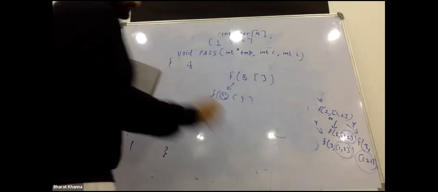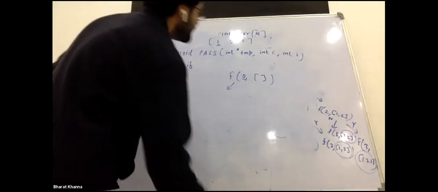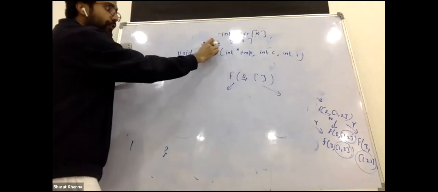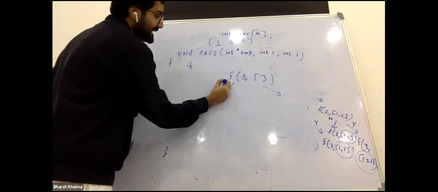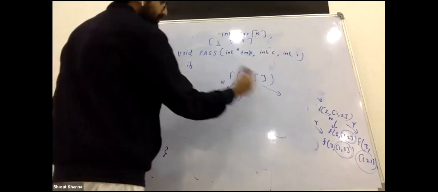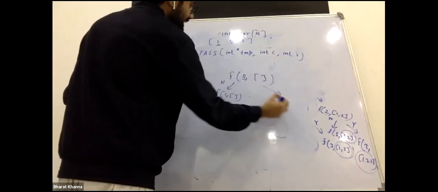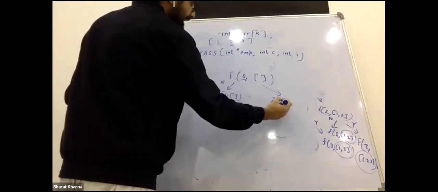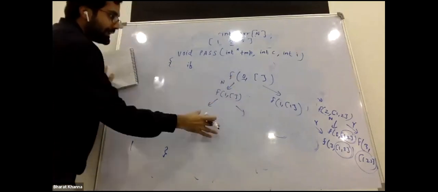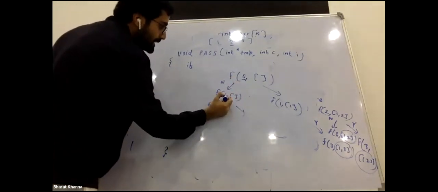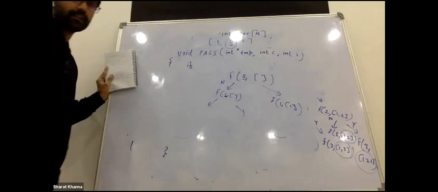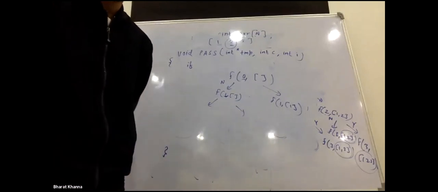Okay, let's take that again. You started with f of 0, empty set. The 0 says that currently I am going to make a decision for the 0th element. If you reject it, you move on to the next element, and you are still empty. If you select it, you again move on to the next element, which is i equals 1, and you have 1 in your subset. As it goes on and on, say you are here, you need to know for which element, which index in the input array, you have to make a decision of yes or no. Is that clear now?